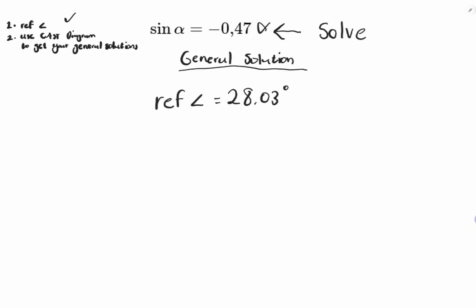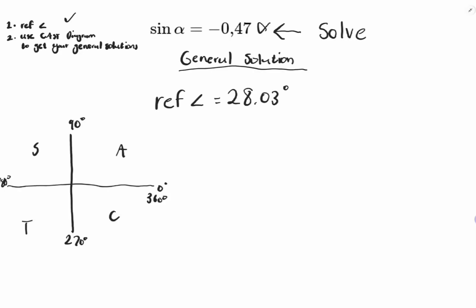Now that we've got our reference angle, let us go ahead and draw the CAST diagram, or the Cartesian plane. I just like to draw these angles to make things easy to understand. Now, one thing we have to ask ourselves is, we are working with sine.